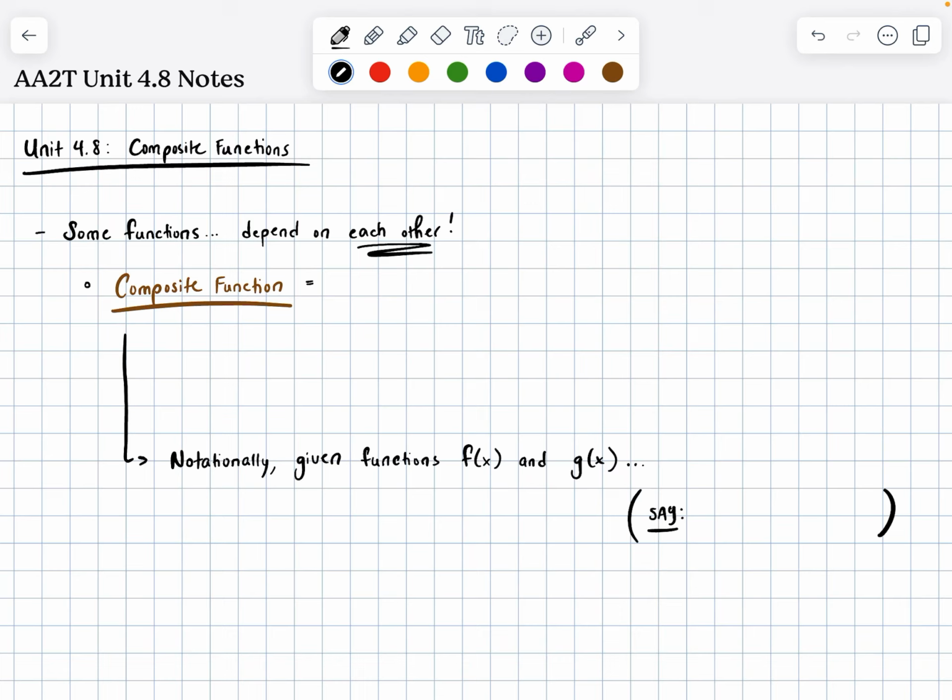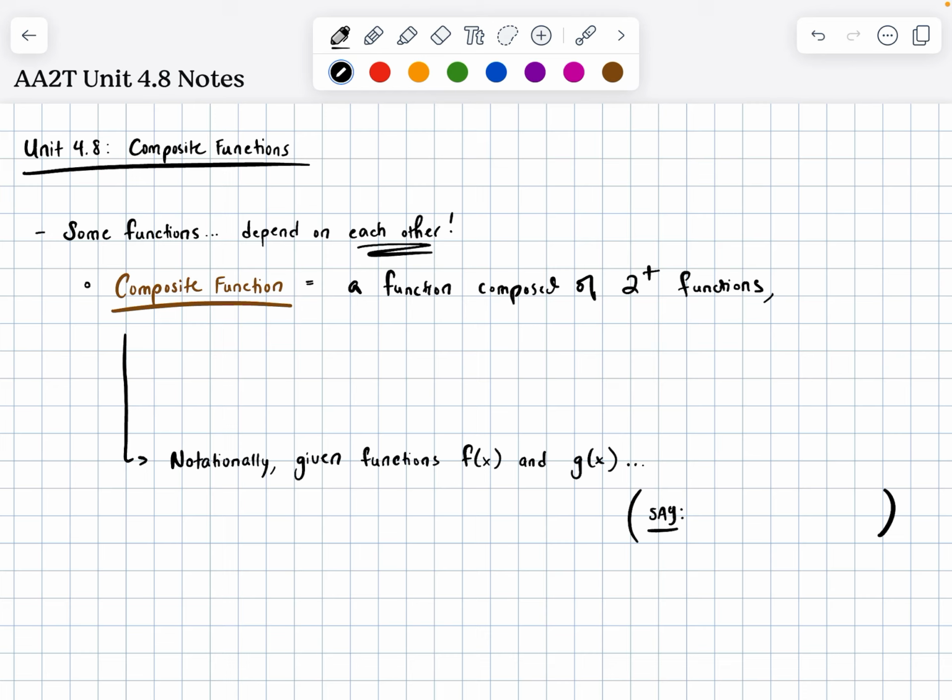Because some functions, in fact, depend on each other, which is the main idea behind what we are going to call composite functions. Now, by definition, a composite is something that is composed of multiple things. So a composite function is going to be composed, perhaps unsurprisingly, of multiple functions. So by definition, we say that a composite function is a function composed of two or more, which I'll abbreviate as 2 plus functions.